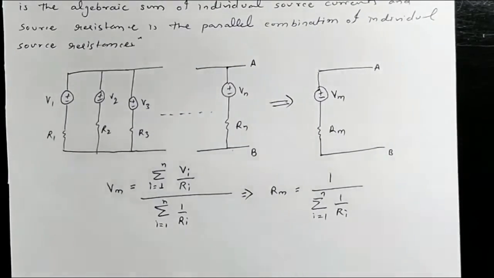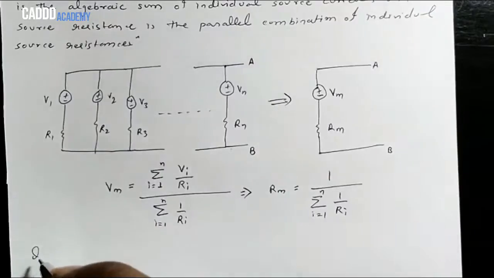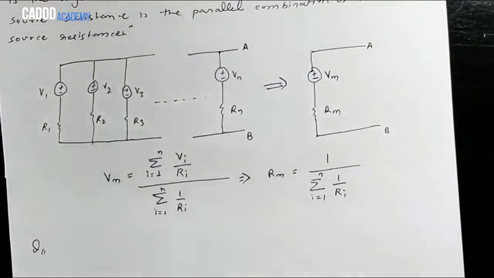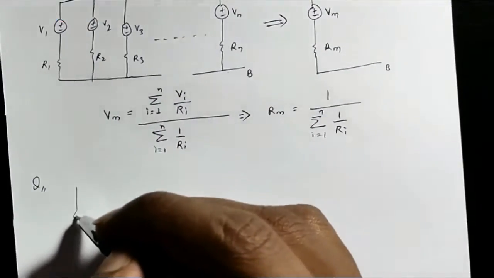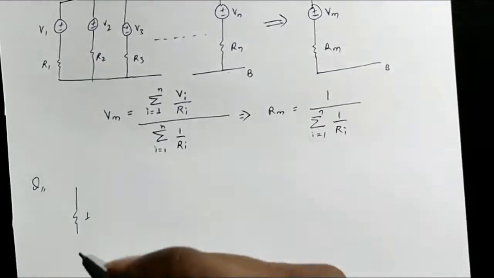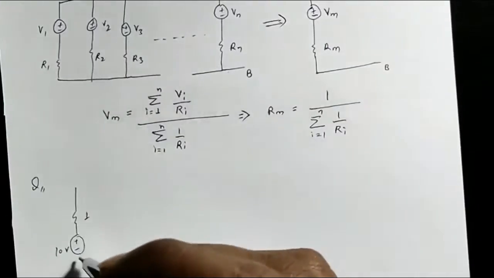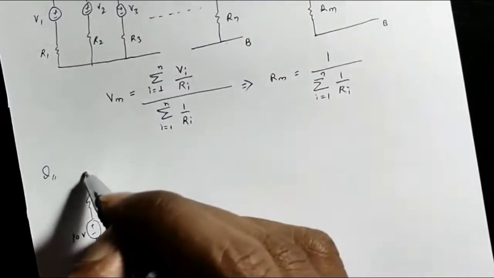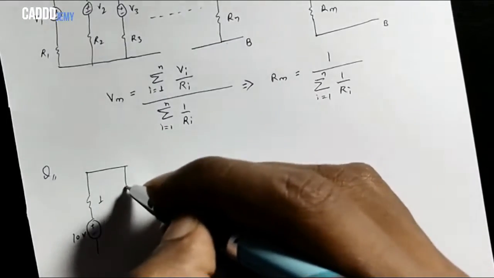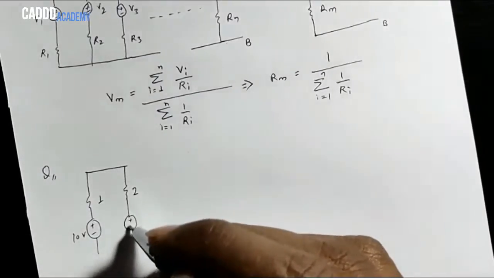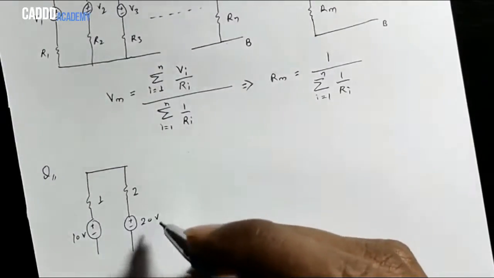Now we will do an example problem and understand Millman's theorem in a very simplified manner. Taking a simple problem, we have a resistance of 1 ohm and a voltage source of 10 volts here. After that we have a resistance of 2 ohms and a voltage source of 20 volts.